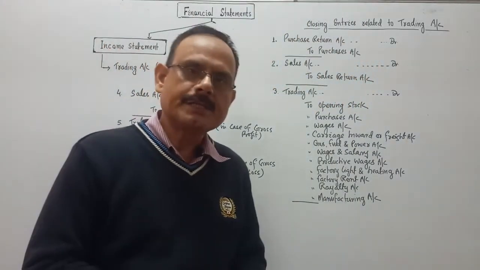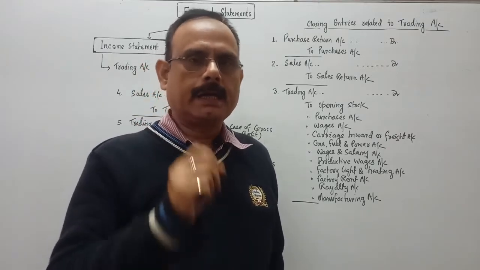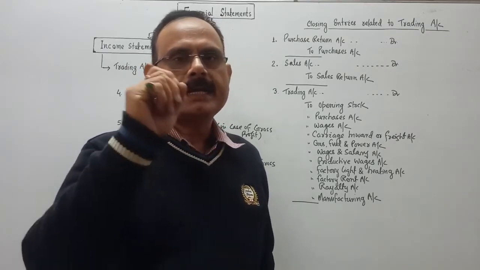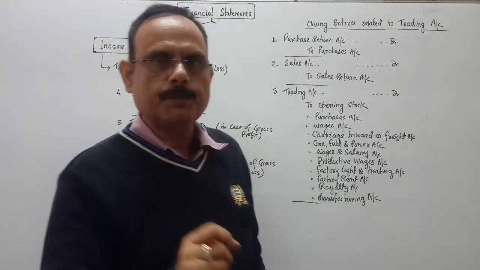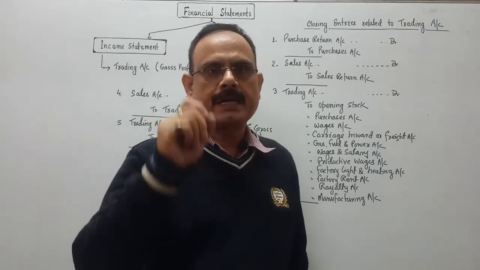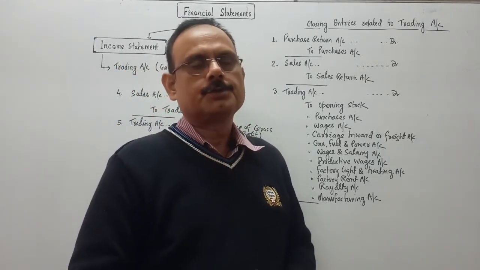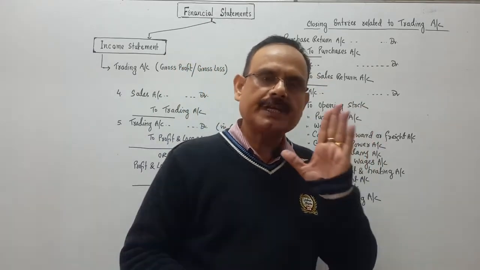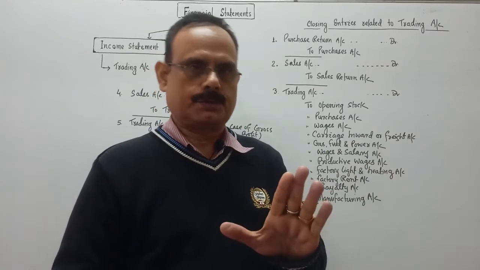Now coming to the journal entries passed by us related to trading account. The first account we prepare in the financial statement is the trading account. So, journal entries related to trading account. If there is a purchase return, the ledger of purchase return will be closed.